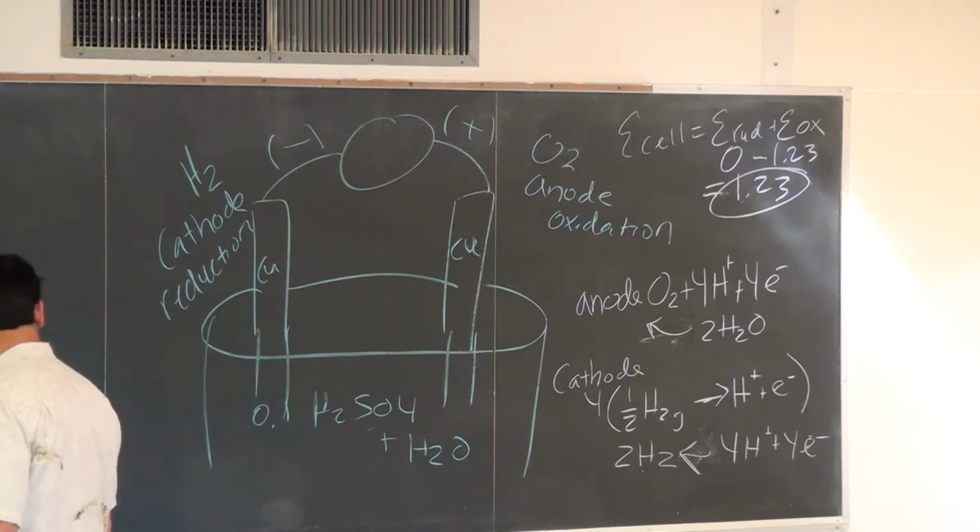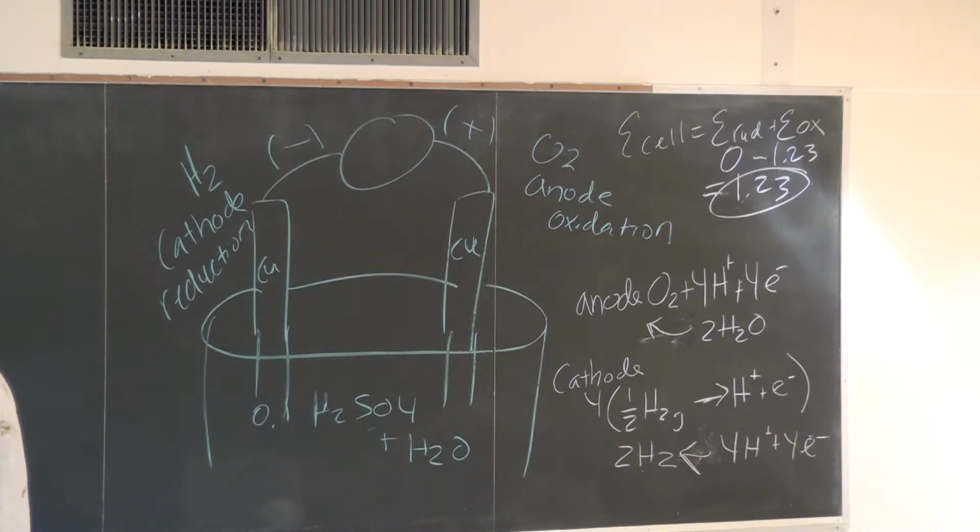Okay, so in this case here you want to silver plate an iron spoon. So is the spoon going to be the anode or the cathode in this reaction?